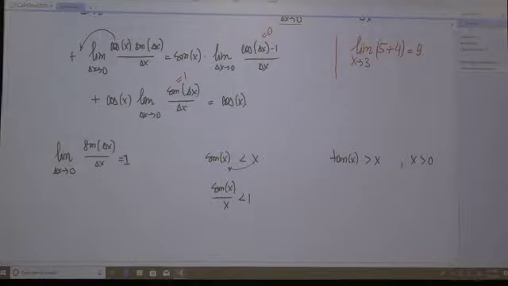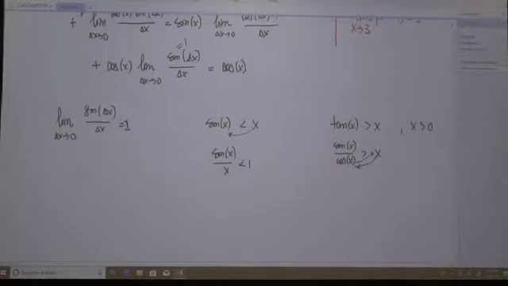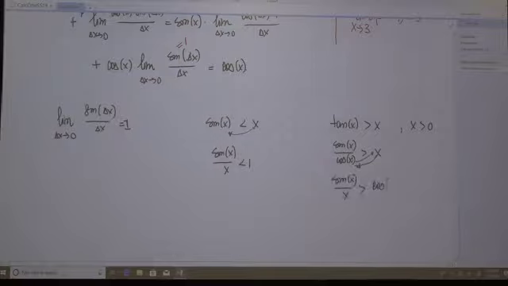And I will write the tangent as sine of x over cosine of x, which is more than x, right? Now if I put the x to here and cosine to there, I will get the inequality sine of x over x is more than cosine of x.